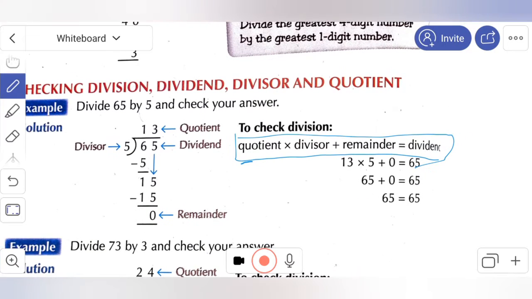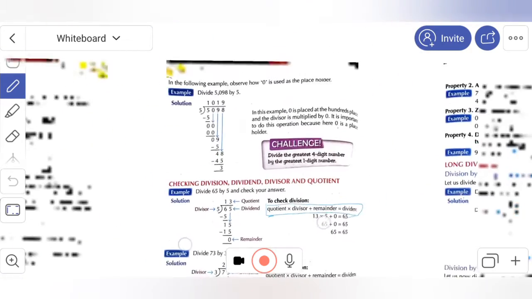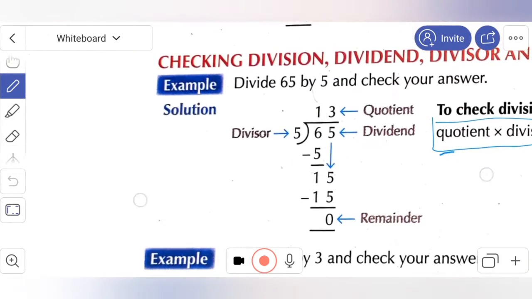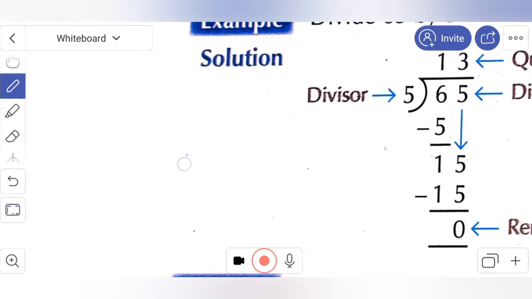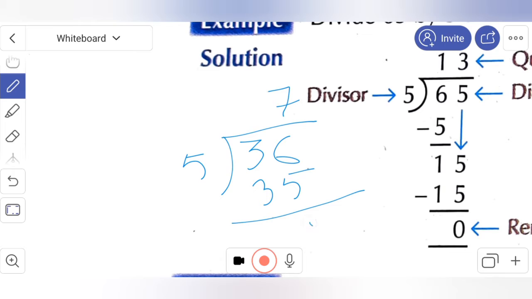What does it mean? Now you see here, let's go to our example. What was there? 5 and 36. Yes, we got 5 7 ja 35. Now we got minus, then we got 1 as the remainder.